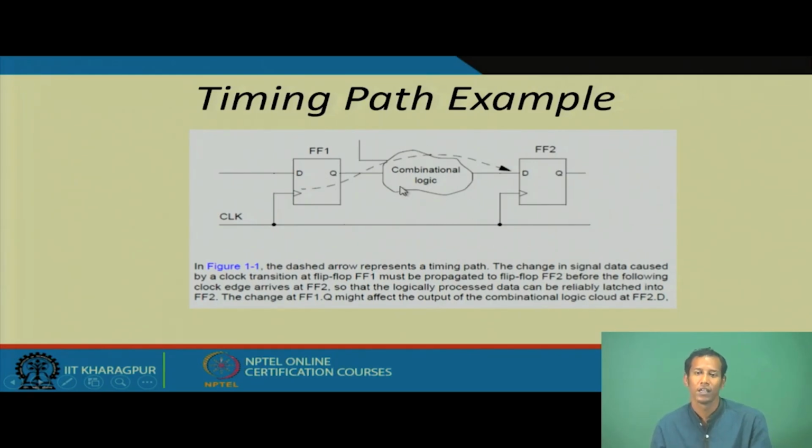The maximum critical path defines the minimum clock period requirement of these two registers. Not only this, we have seen that T setup plus the skew plus the hold all constrain the minimum clock requirement in this kind of circuit.